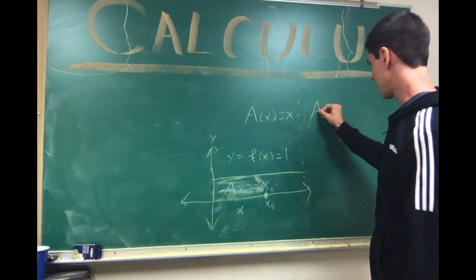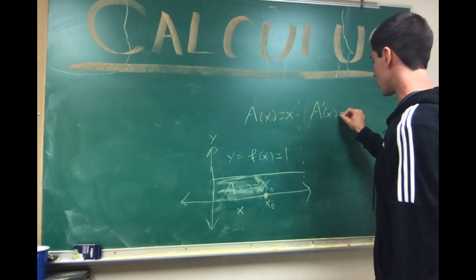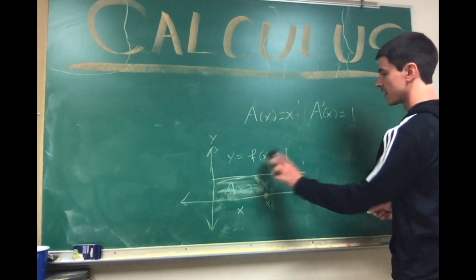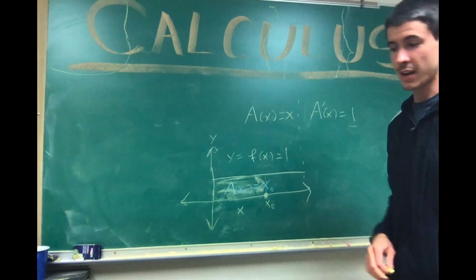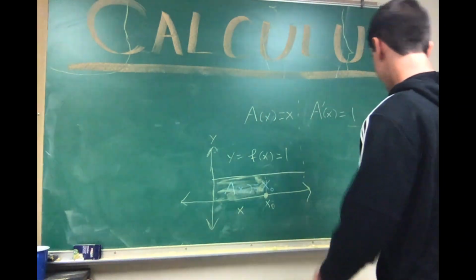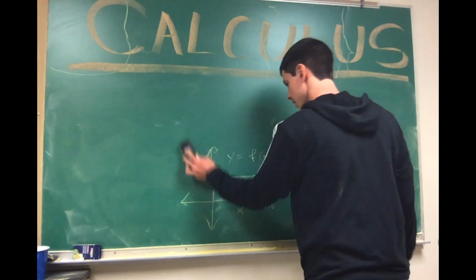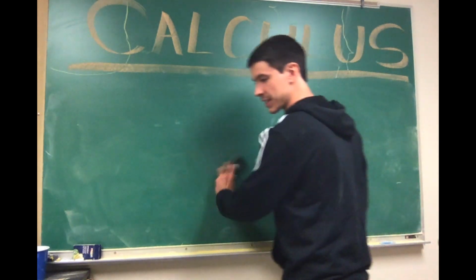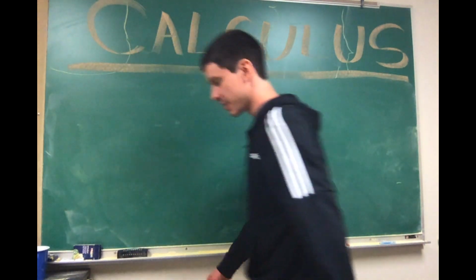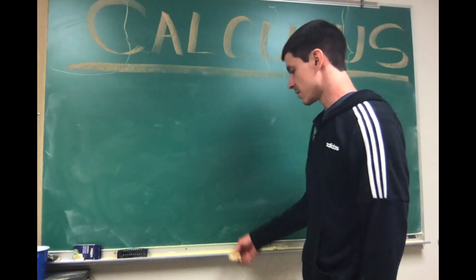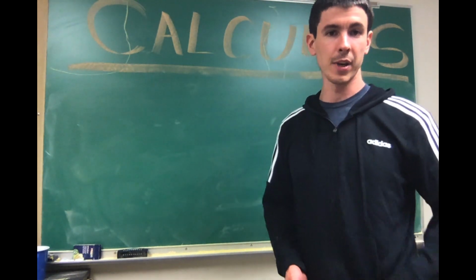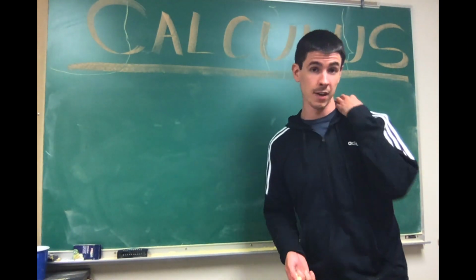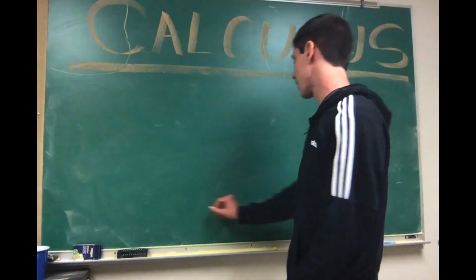So of course, A prime of x equals 1. That's f of x, just like I said. So there are a few shallow end sort of examples, and of course, with any of the functions that we know what they are the derivative of, we can get some more interesting examples.